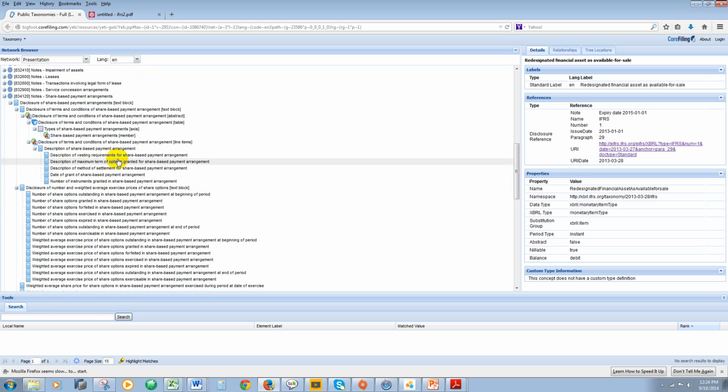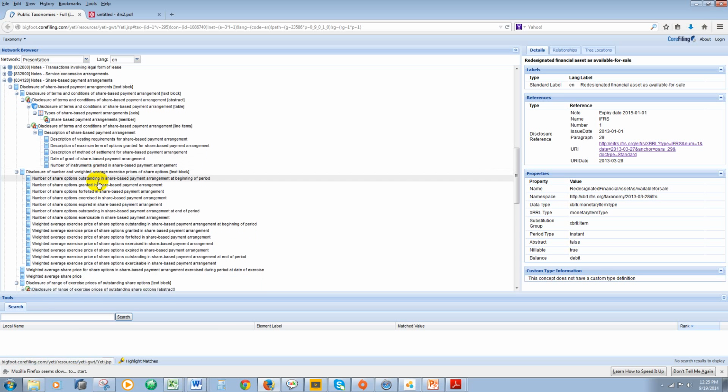Description of vesting requirements for share-based payment arrangement, description of maximum term of options granted for share-based payment arrangement, description of method of settlement for share-based payment arrangement, date of grant of share-based payment arrangement, number of instruments granted in share-based payment arrangement. So these are the line items for this table.